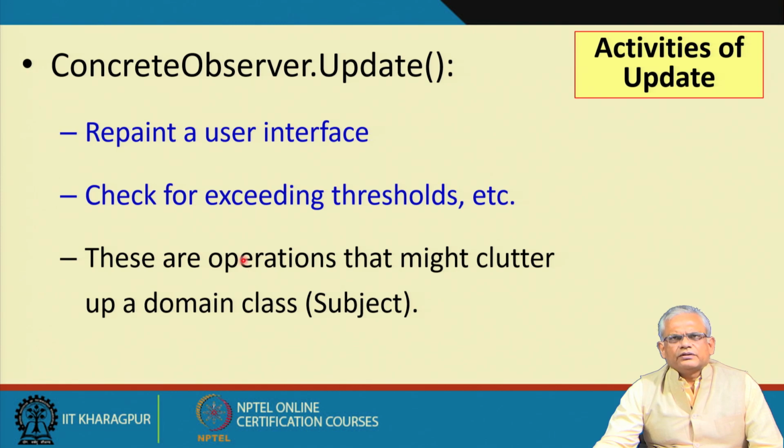Once the update of the observers is called, the observer may carry out different activities. For example, it may repaint its interface, or it may check whether some threshold is exceeded.